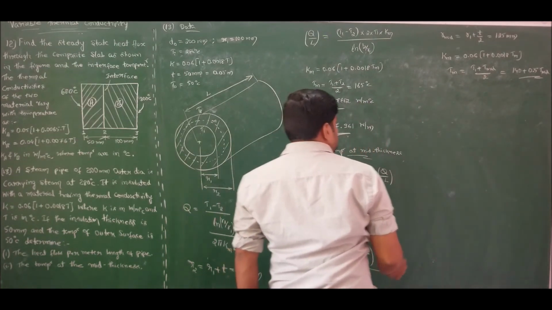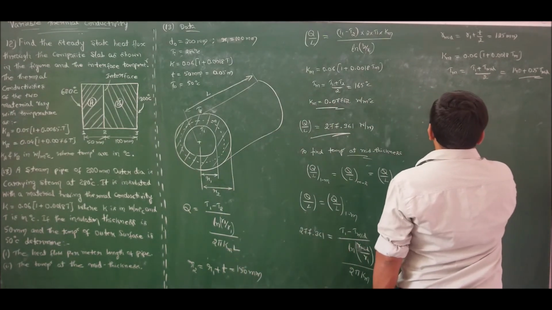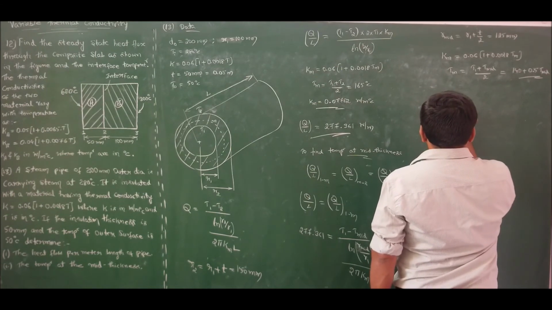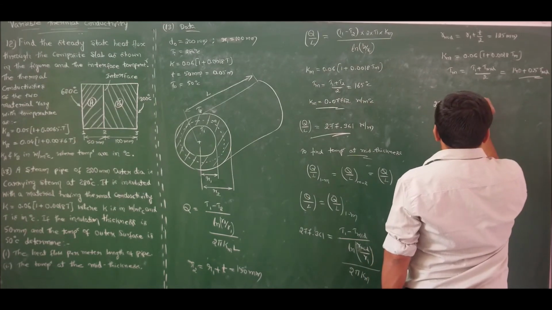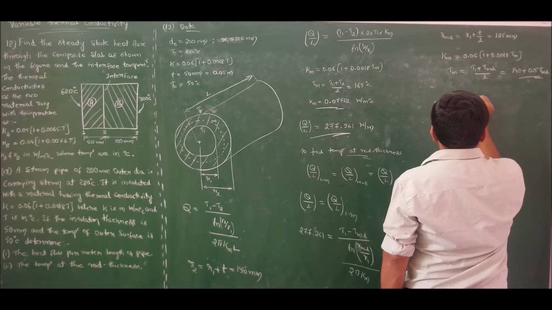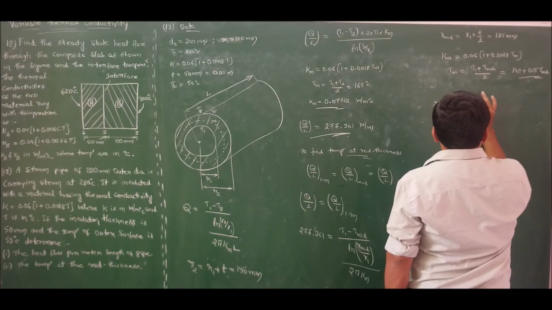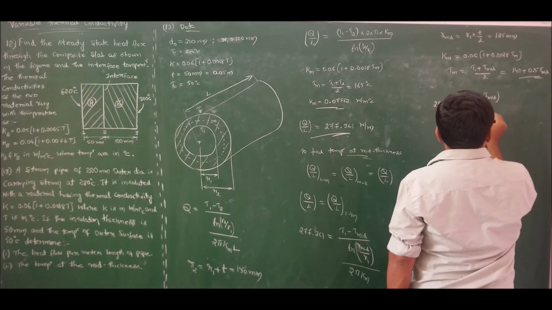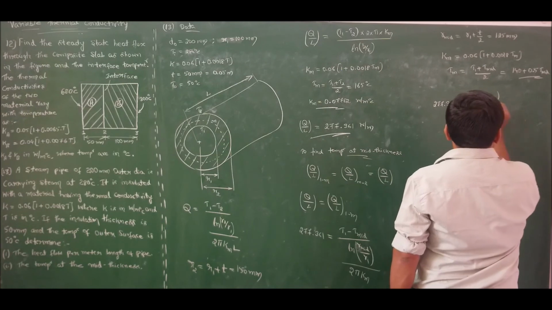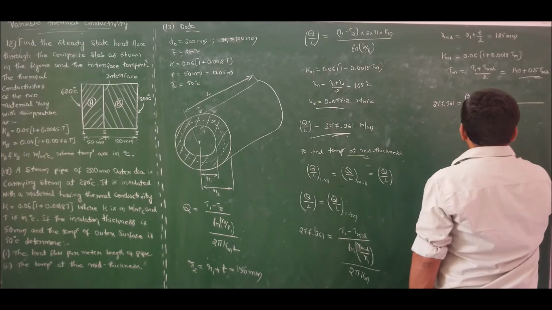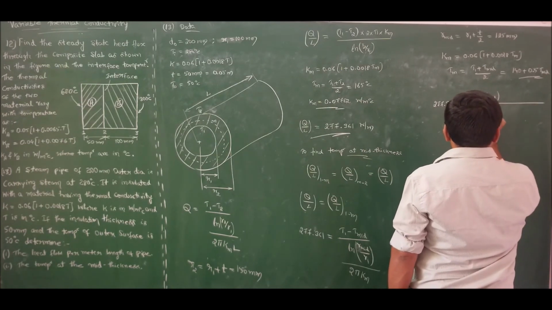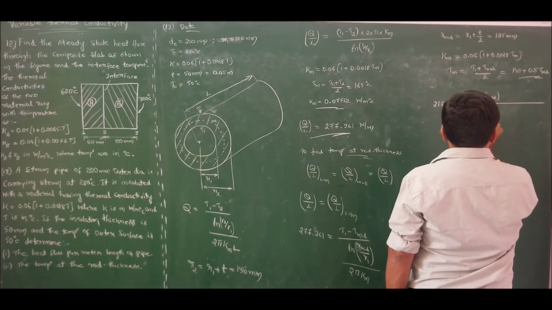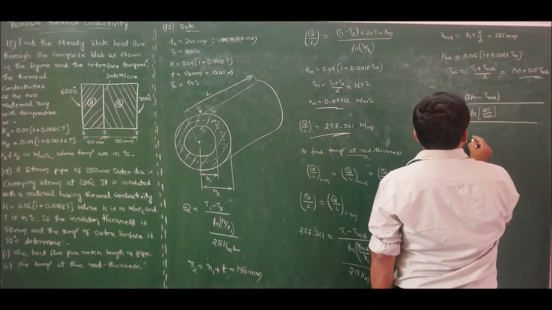Now we know all the values, substitute to this equation and solve. We get 277.361 is equal to T1 is known, which is 280, minus temperature at mid thickness, which is unknown, divided by ln of radius at mid thickness 125 and R1 is 100, whole divided by Km.